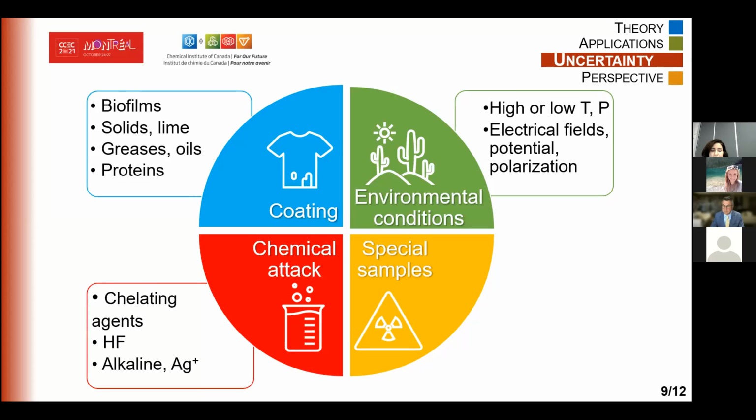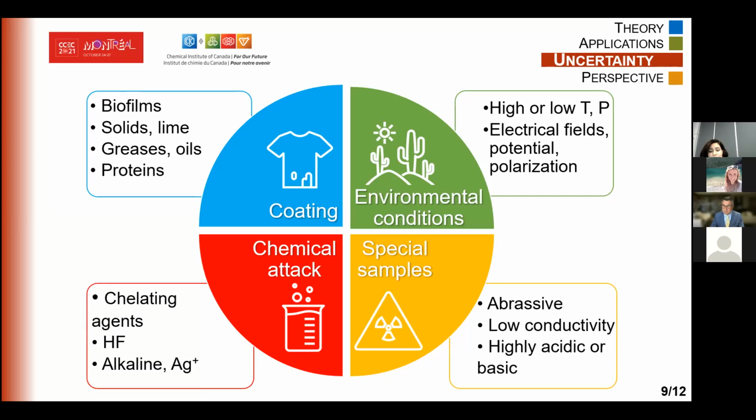Also, some samples like chelating agents, hydrofluoric acid, and alcohol can affect the reference electrode, and some special samples that are abrasive can damage the electrode, or low conductivity samples where there are not sufficient ions to transfer the voltage, and highly acidic and basic solutions.